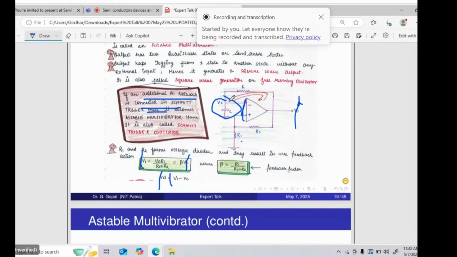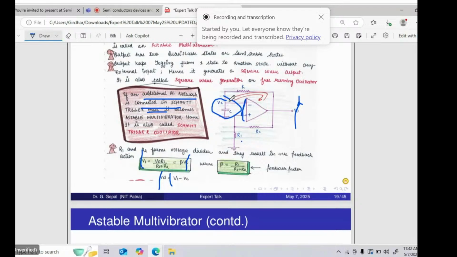No, the effect is very negligible, because the capacitor voltage cannot increase instantaneously. That's why VD increases, which in turn increases the output voltage. The output voltage may be of two types, either plus Vsat or minus Vsat. If the output voltage is plus Vsat, then V1 is plus beta Vsat. If it is minus Vsat, then V1 is minus beta Vsat.